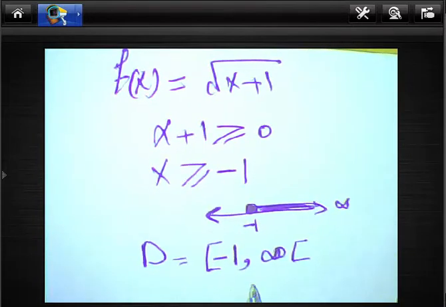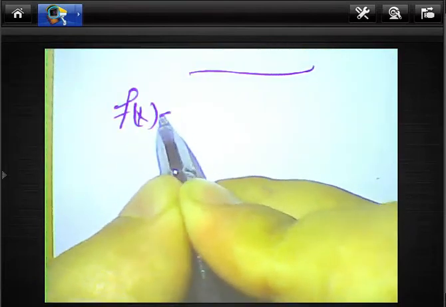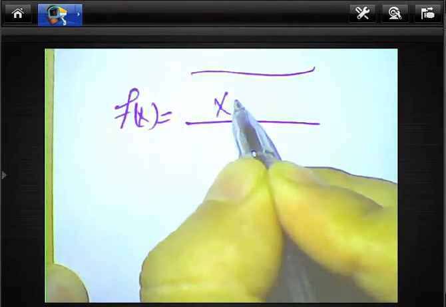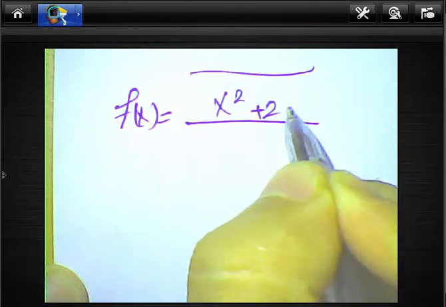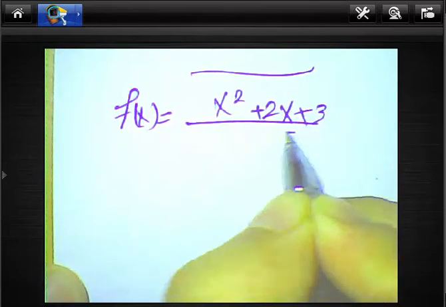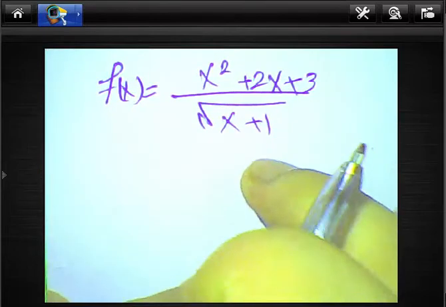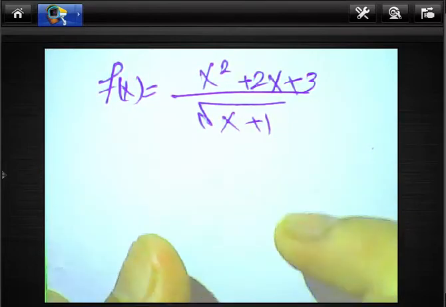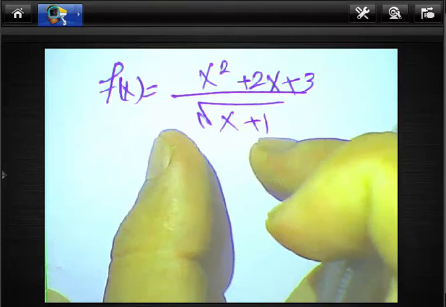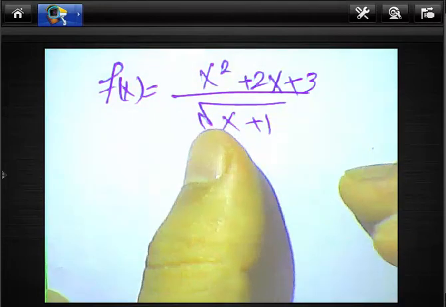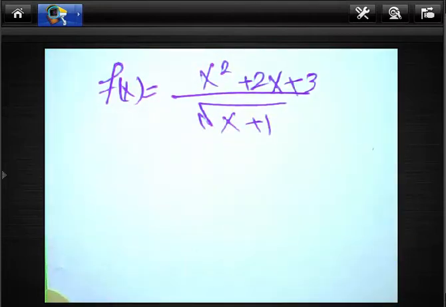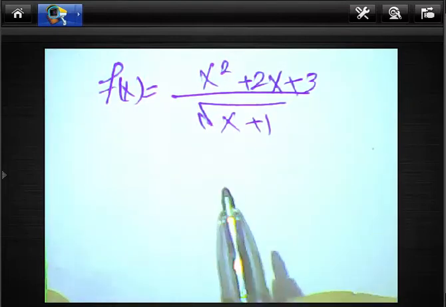Okay, another example. What about f of x equals x power 2 plus 2x plus 3 over the root of x plus 1? We know the denominator must not equal 0, because any number divided by 0 is impossible. So we must write this denominator not equal 0.